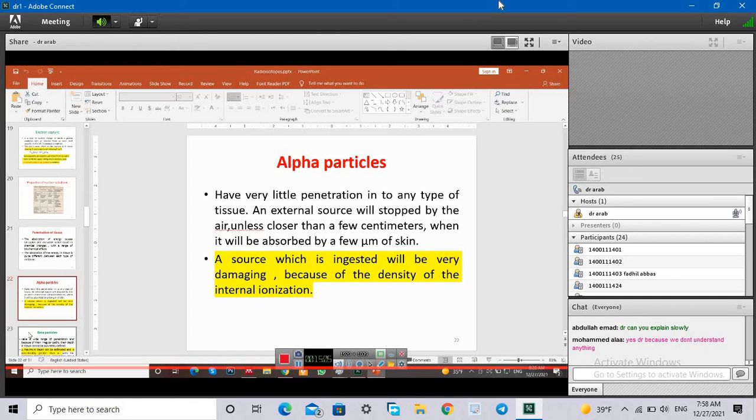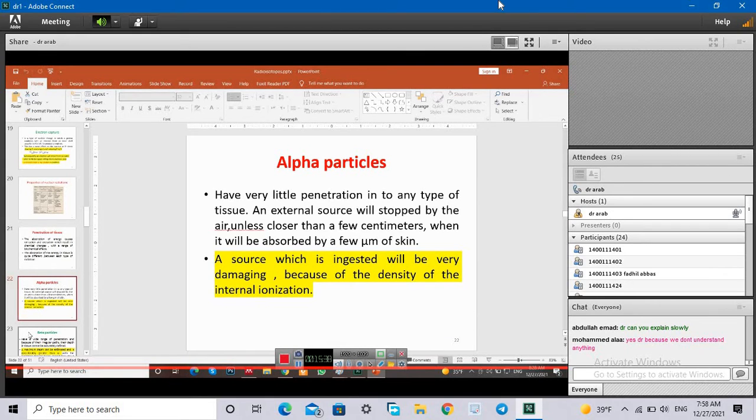So when we are facing an external source of alpha particles, it is not very dangerous for us, and it is important to know that the alpha particle has a high energy that it deposits all of in the target, so it is very dangerous with an internal source.